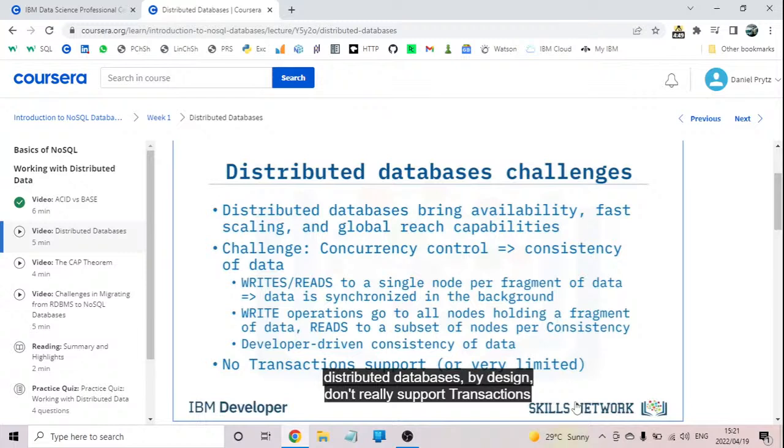Okay, write operations go to all nodes holding a fragment of data, with reads going to a subset of nodes for consistency. Writes go to all nodes, hence a problem if incorrect data is given to even one node.